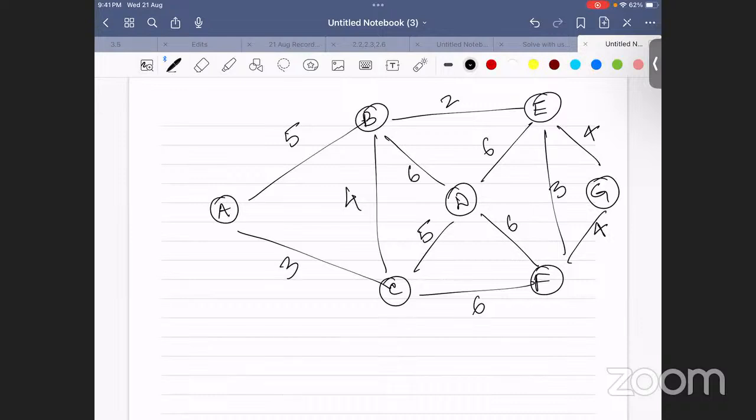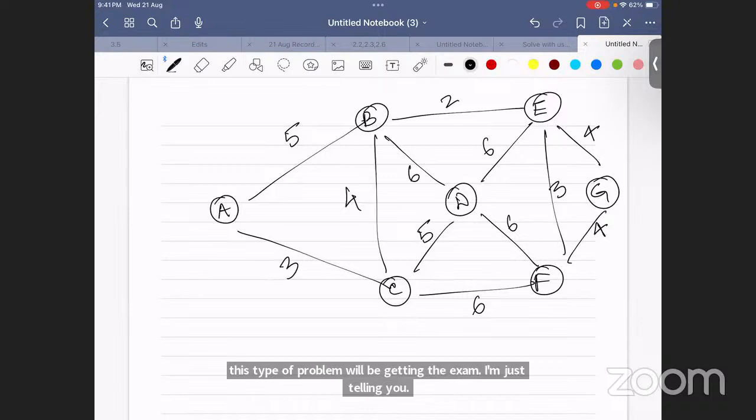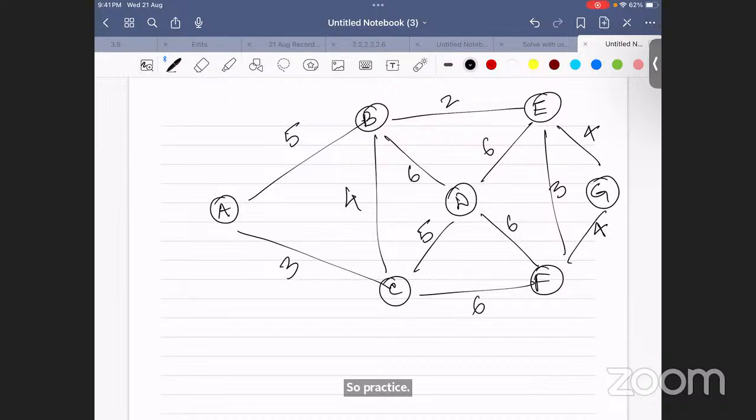Just take your time, 2 minutes. It should not be more than 2 minutes. This type of problem you'll be getting in the exam. I'm just telling you, so practice Kruskal and Prim. Both are simple.